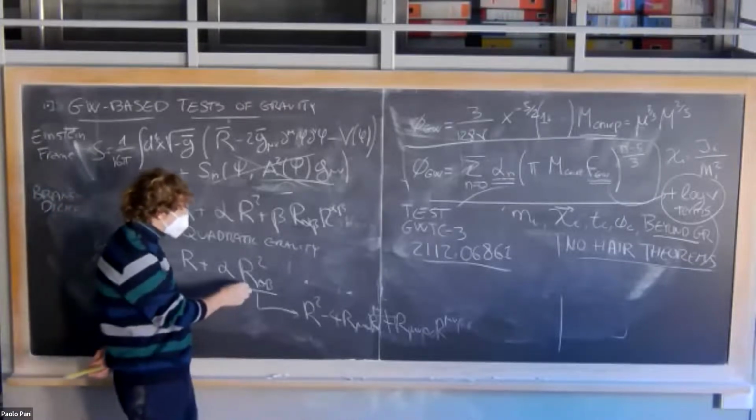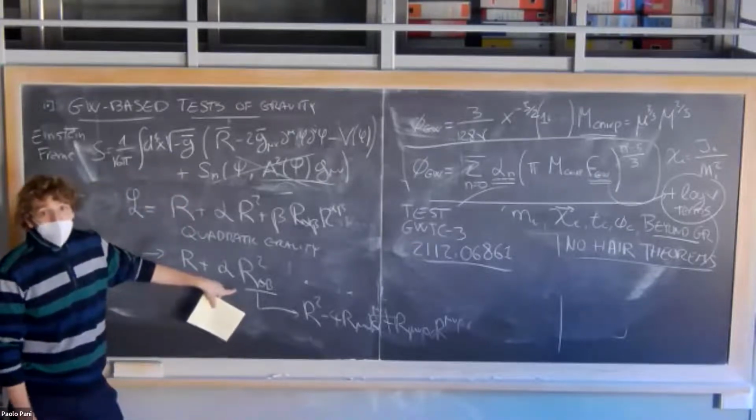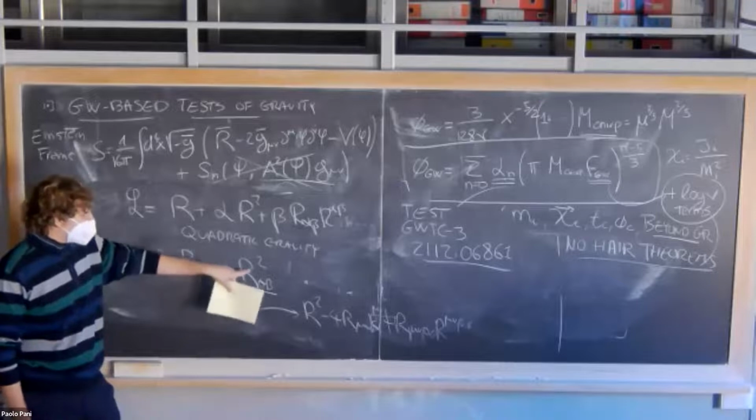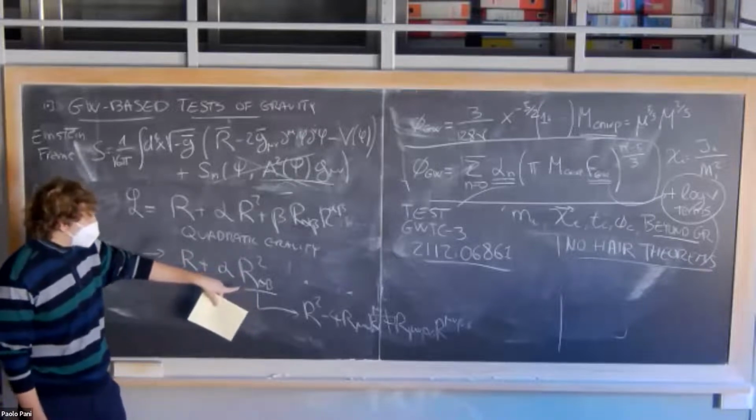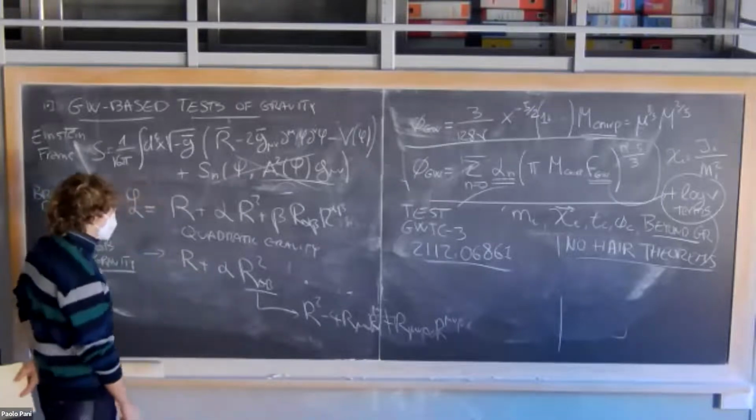One is that, as it stands, this term does not contribute at all to GR because it's a total derivative. It can be shown to be a total derivative. So this theory gives the same equations of motion as general relativity.